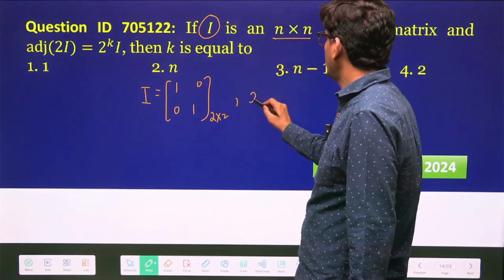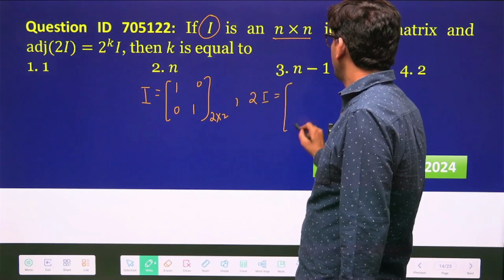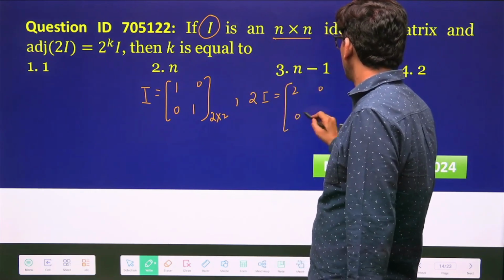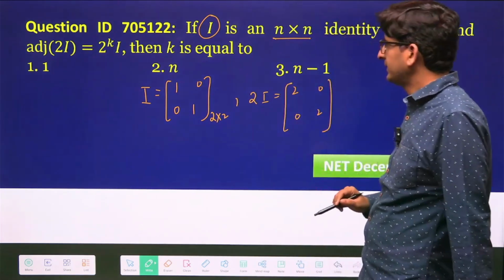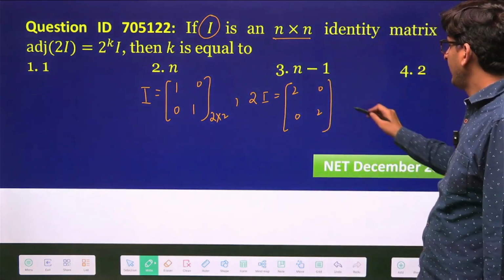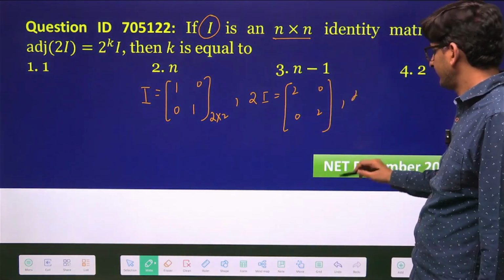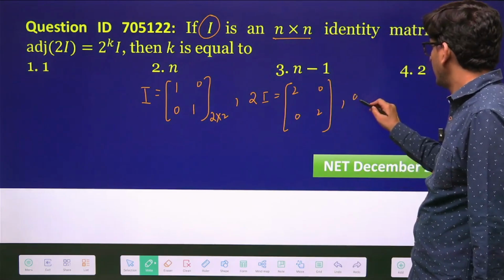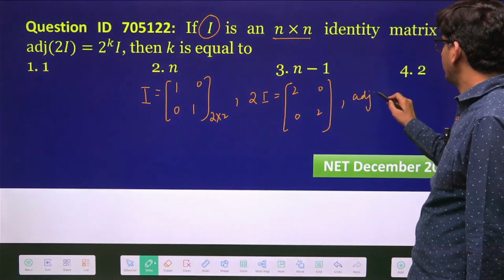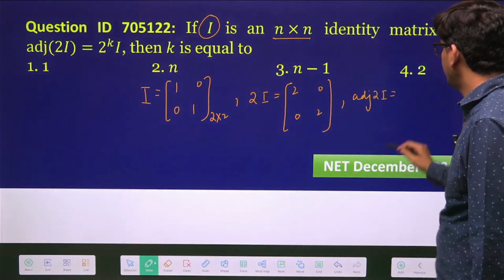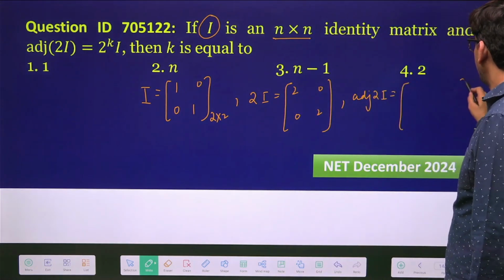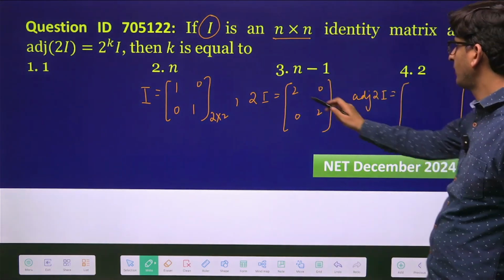This is a 2 cross 2 identity matrix. So what will 2I become? 2I will become [2 0; 0 2]. Correct? And if you take the adjoint of this 2I, you will get the transpose of the cofactor matrix. So what is the cofactor of this?